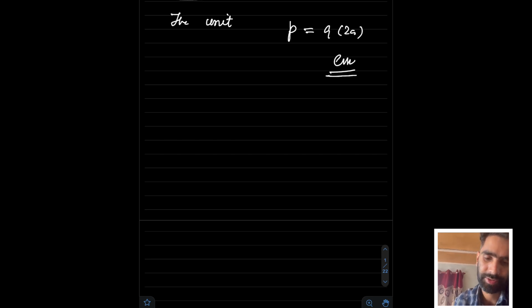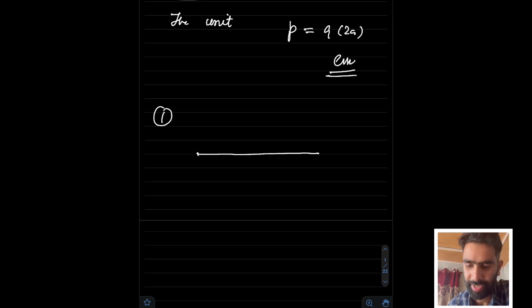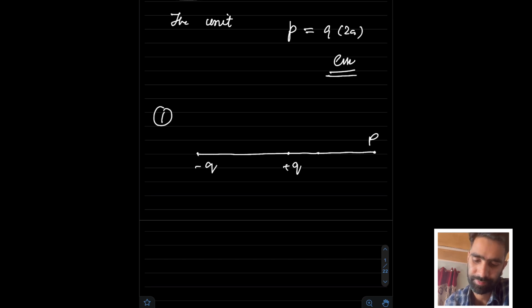Now, let us see what is the electric field due to this electric dipole. First of all, we will analyze the situation where we have to determine this electric field on the axial line, on the axis of this dipole, that is along the length of the dipole. So the point of observation or point of calculation will be point P on the axis of this electric dipole.